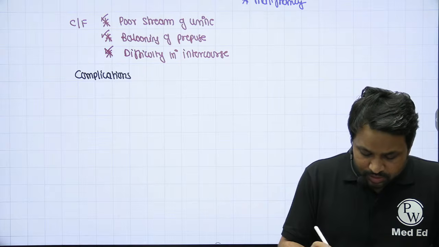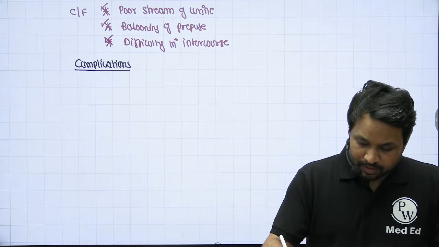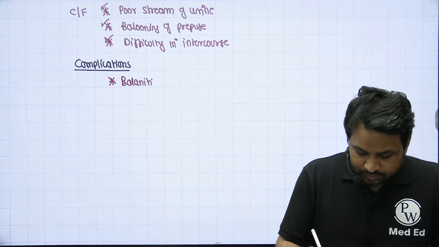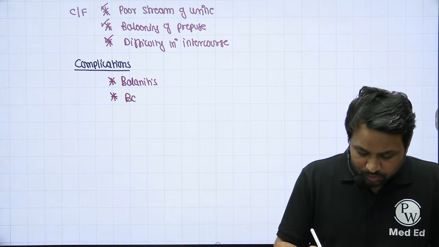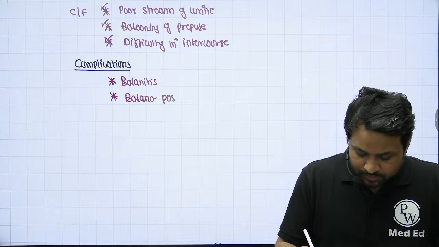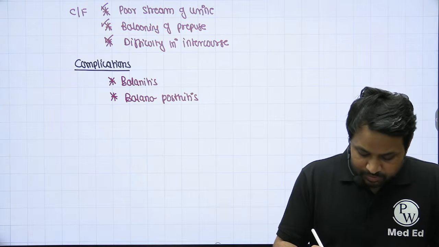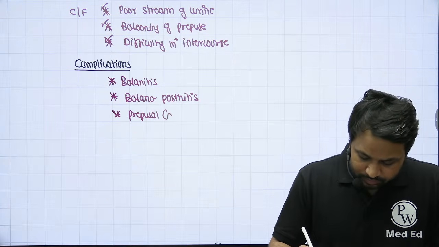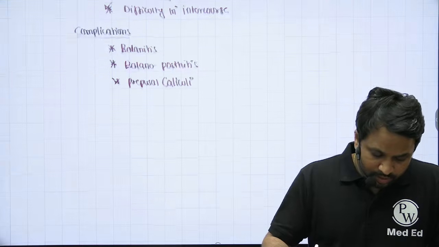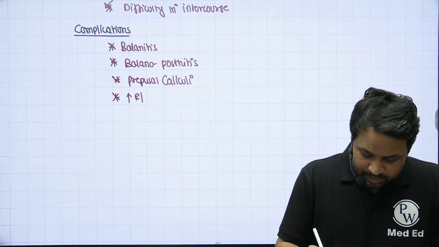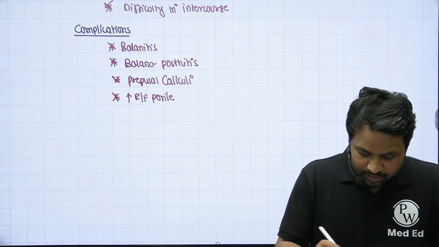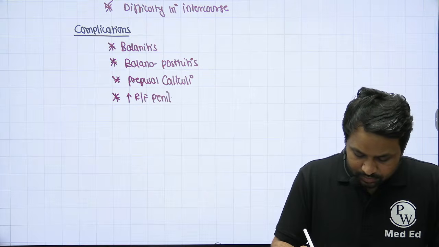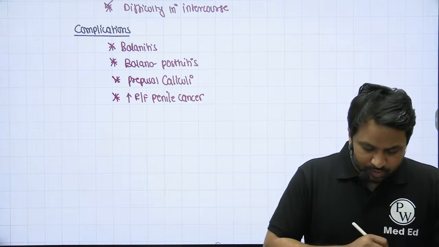The complications associated with phimosis are balanitis, which is inflammation of the glans, then balanoposthitis, that is inflammation of the glans as well as the prepuce together, development of preputial calculi, and increased risk for penile cancer.